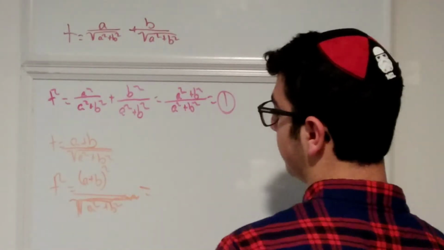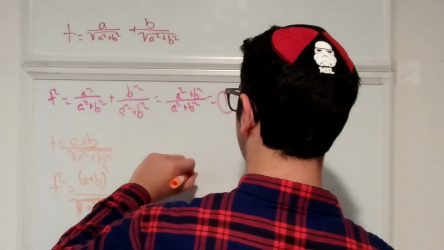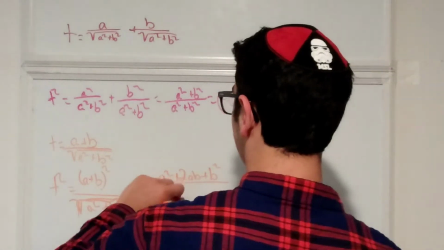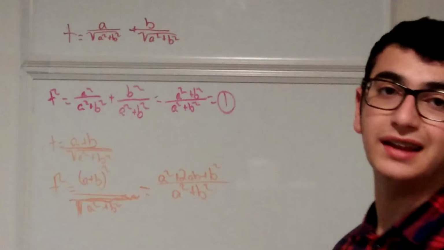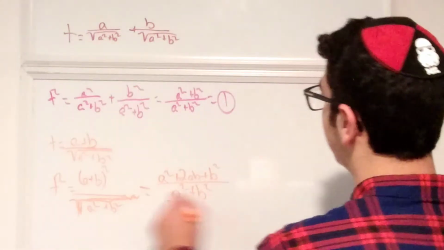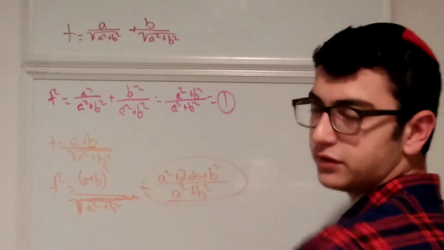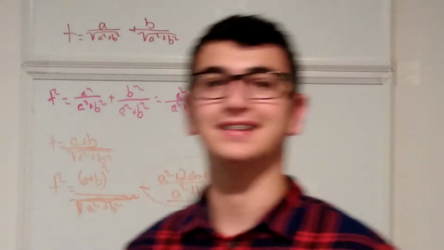A plus b squared is a squared plus 2ab plus b squared over a squared plus b squared, which is not equal to 1. So you could see that in this numerator there's an extra 2ab, and that totally changes all of math. None of math makes sense anymore.